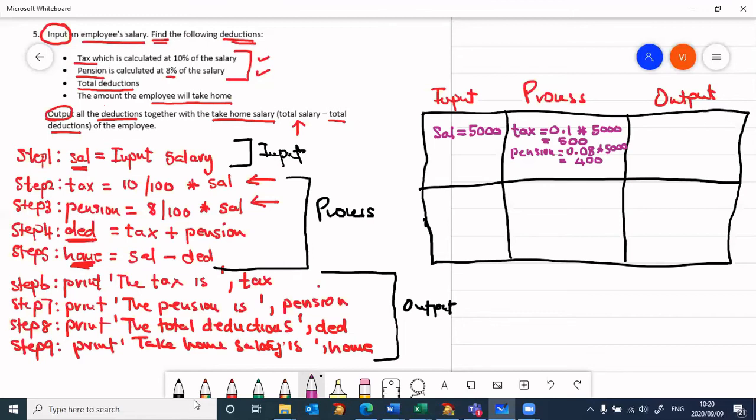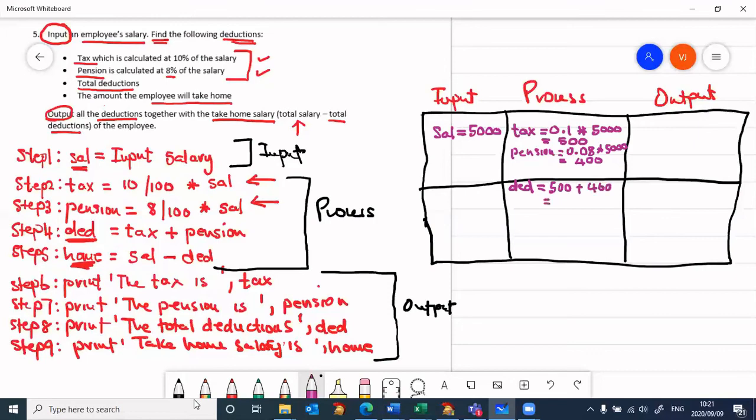That was step 3. Step 4. Then, again, I've made the column too small. This line should not have been there. So I'm moving into the next block. So deductions, the deductions is the tax plus the pension. The tax is 500 plus the pension is 400.